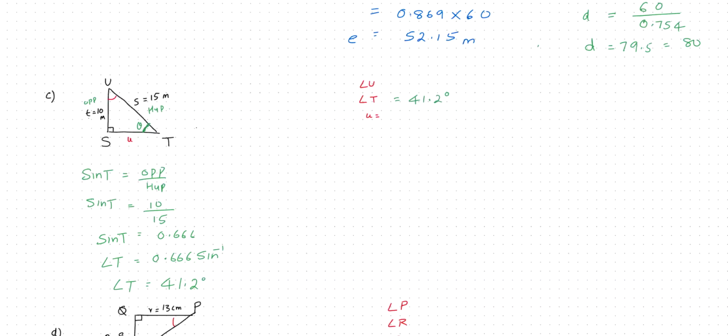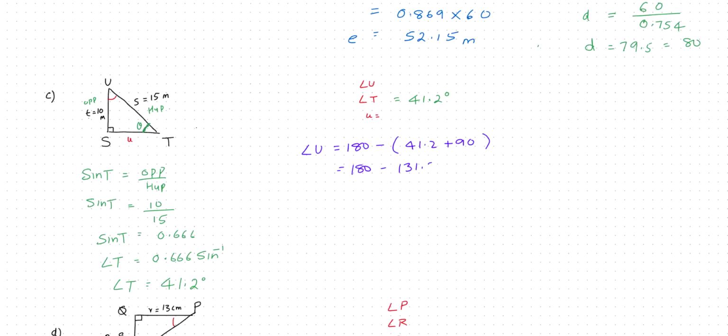Now we know two angles, so we can find angle U. So angle U will be 180 minus 41.2 plus 90. This is 90 degrees. So it comes to 131.2.